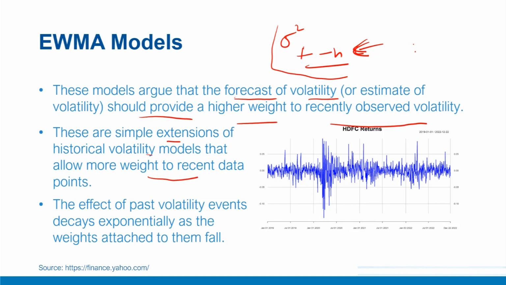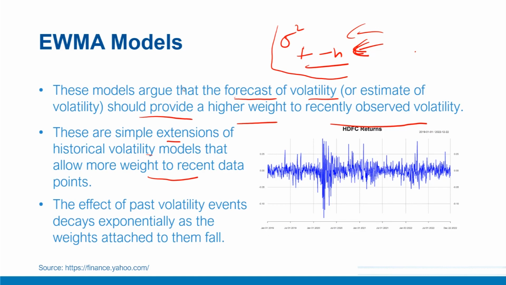However, as soon as it goes away, its exclusion would lead to a sudden fall in volatility levels. Such drastic fluctuations in volatility forecasts are not desirable, and therefore EWMA models precisely account for this fact by exponentially decaying the impact of this particular innovation or volatility on the volatility estimates.